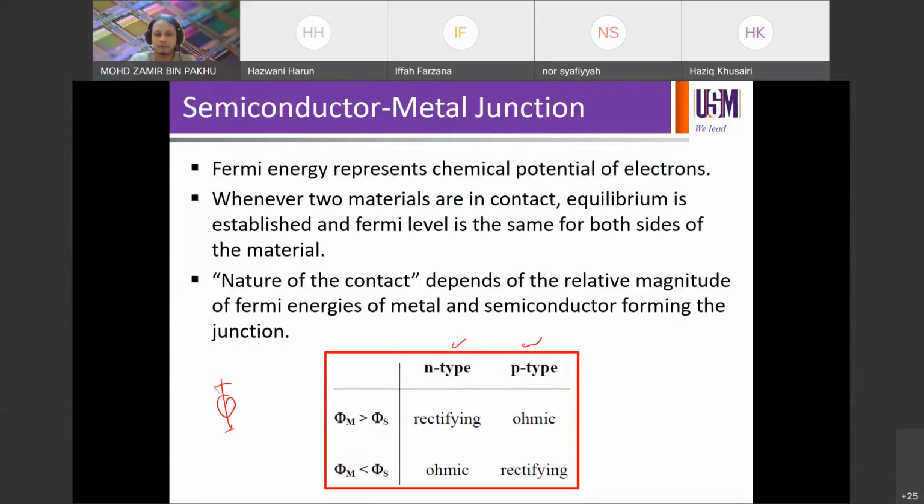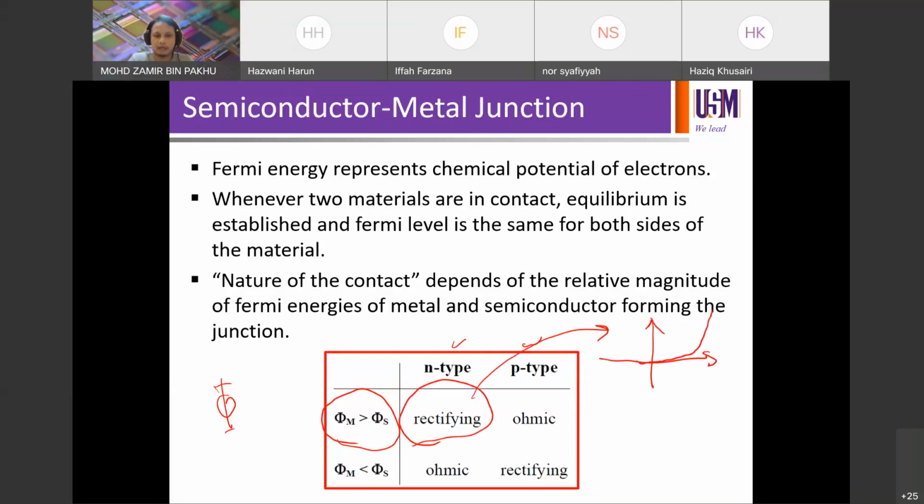So for the case where the work function of the metal is more than the semiconductor, and your silicon in this case is n-type, then you're going to have a rectifying contact in your device, or Schottky contact.